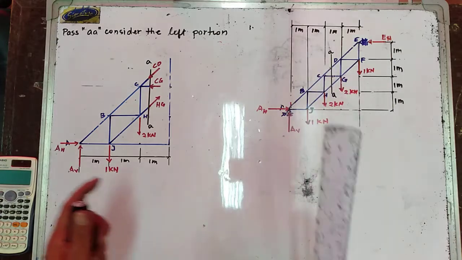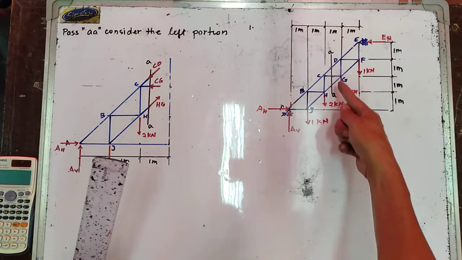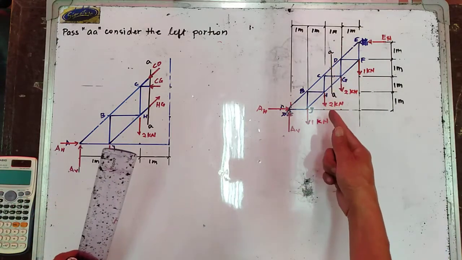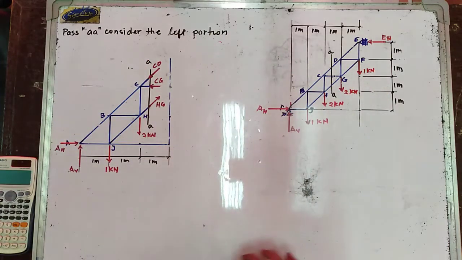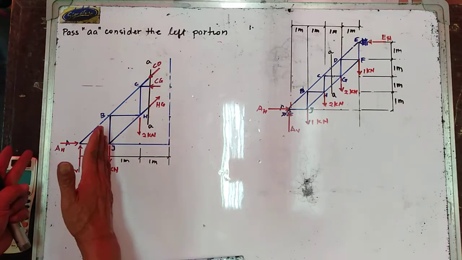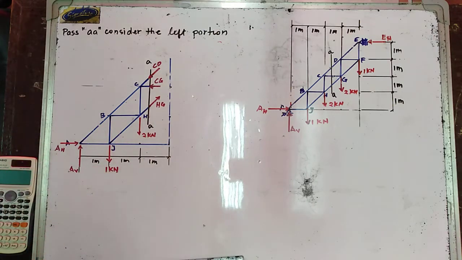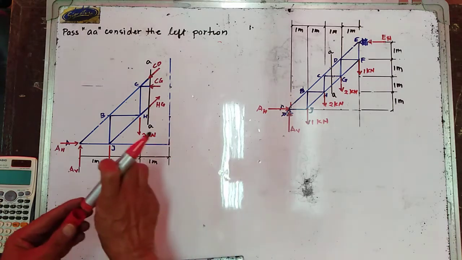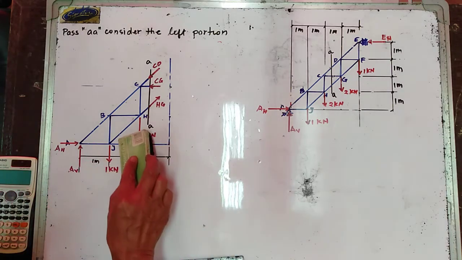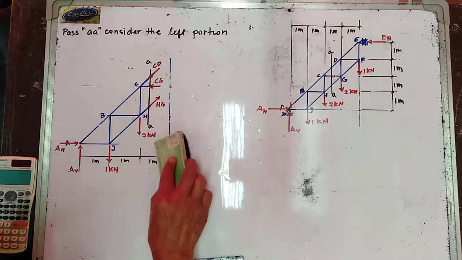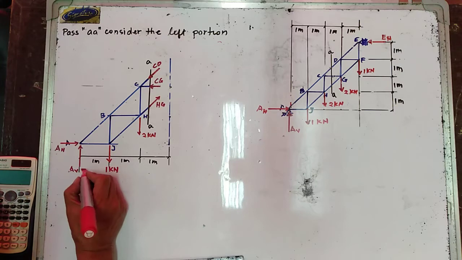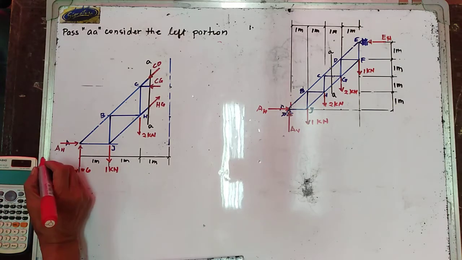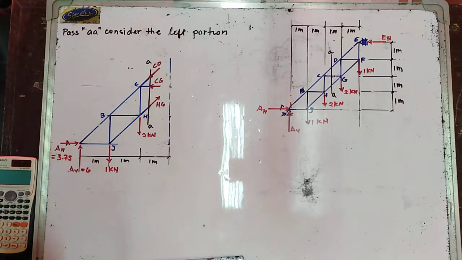Now, supposing I am going to pass section AA, the same section, at this time, I will consider the left portion of the cutting plane. So, we now have the left portion of the cutting plane, and this is your joint A. So, A vertical is equal to 6 kilonewtons, and A horizontal is equal to 3.75 kilonewtons.